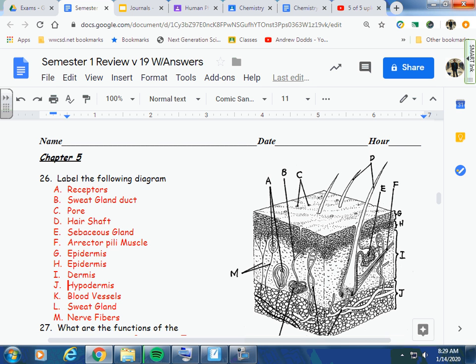A is pointing at receptors. Okay, sensitive to stimuli, related to the nervous system.